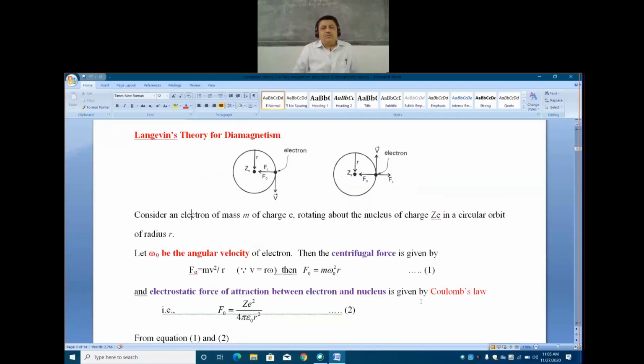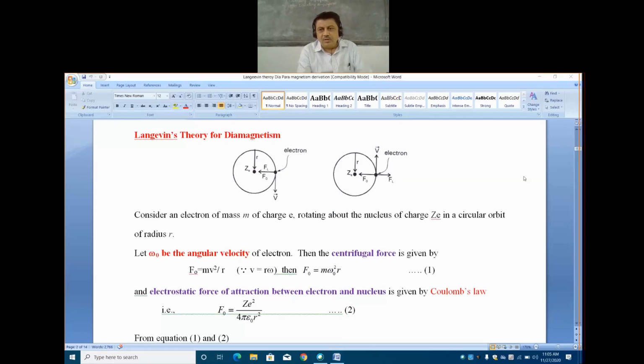Now, with this very brief introduction about the magnetic materials, we will be moving on to a very important derivation of the classical Langevin theory of diamagnetism.